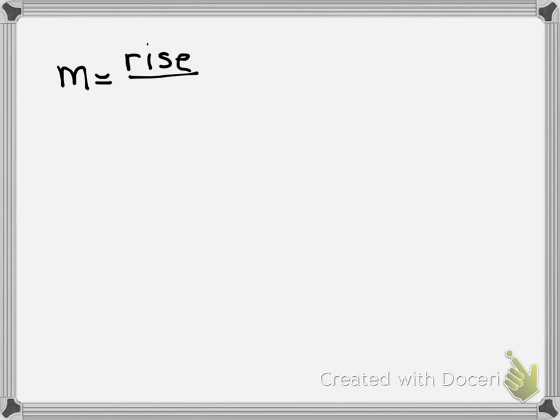That's just my pattern. And then you run either right or left, whatever it takes. Now, rising, if you're going up, it's positive. If you're going down, it's negative. Running, if you're going to the right, it's positive, and if you're running to the left, it's negative. So the directions you're moving actually include a sign. So that's how you guys used to do it.